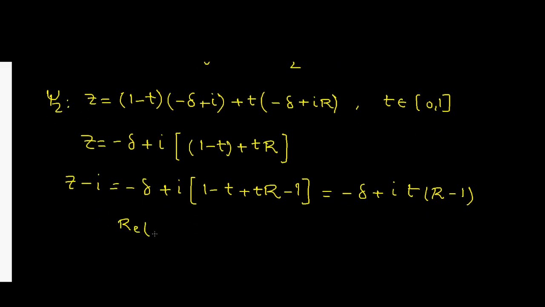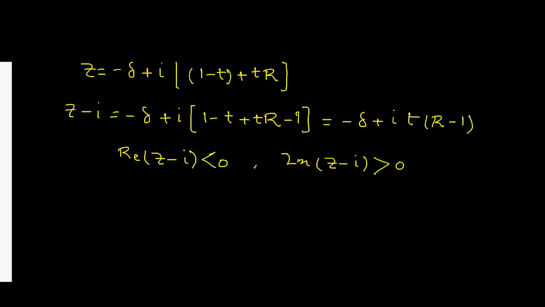So the real part of z minus I is negative, and the imaginary part, which is t times R minus 1, is positive. So a real negative tiny part and a positive imaginary part. So we are somewhere here. Tiny real part, but negative, and some positive imaginary part.